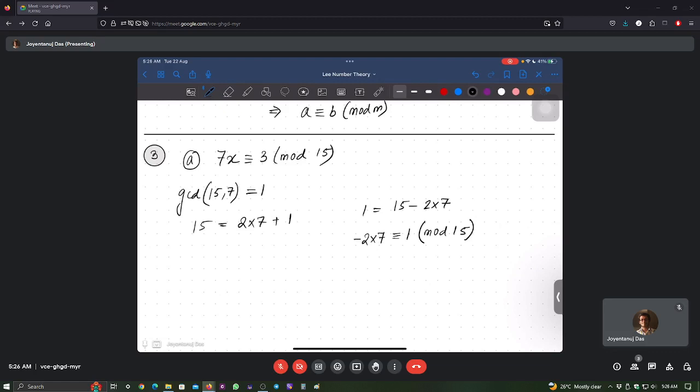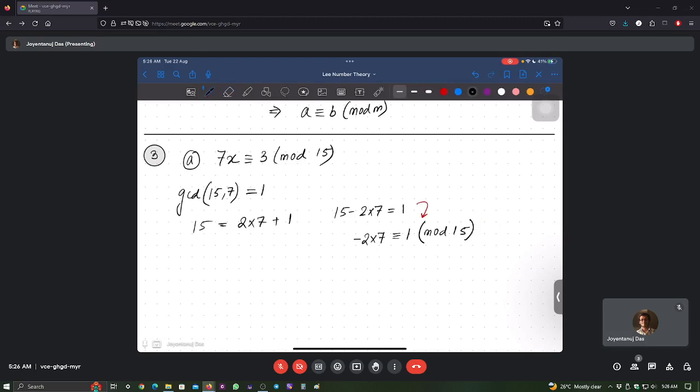Let me write it the opposite way: 15 minus 2 times 7 is 1. So if I take modulo 15, I have this equation, right?